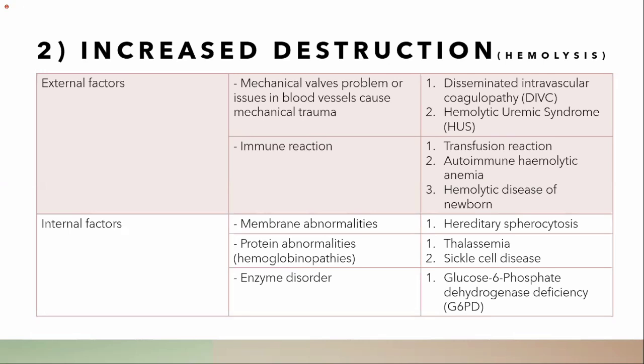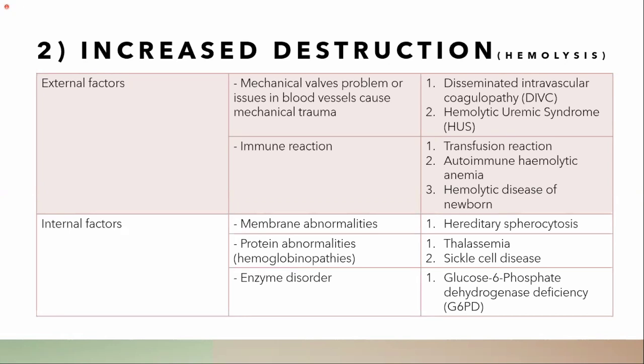External factors include mechanical valve problems or any issues that disrupt the blood vessels and cause mechanical trauma, such as disseminated intravascular coagulopathy (DIC) and hemolytic uremic syndrome. It can also be due to immune reactions, such as transfusion reactions, autoimmune hemolytic anemia, and hemolytic disease of the newborn, such as ABO incompatibility or Rhesus disease.